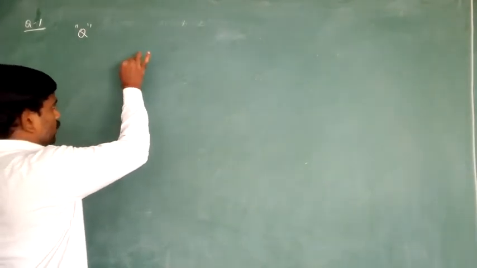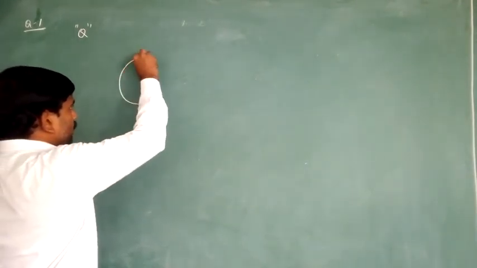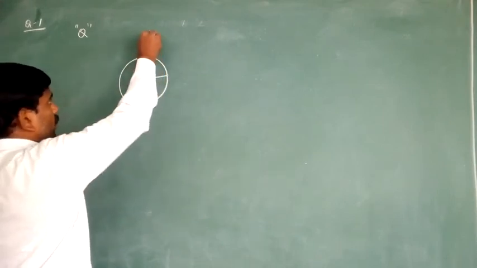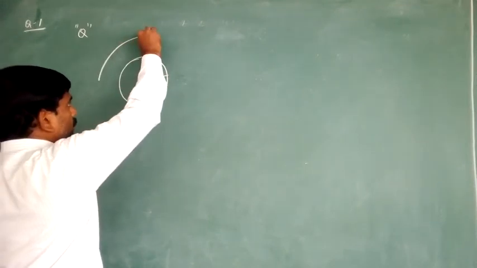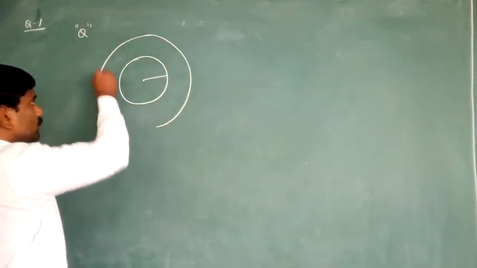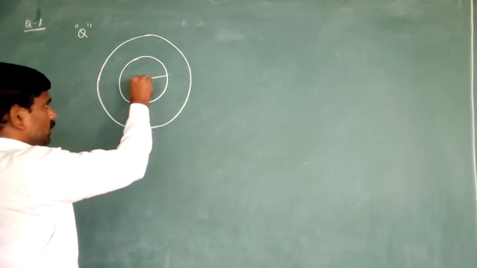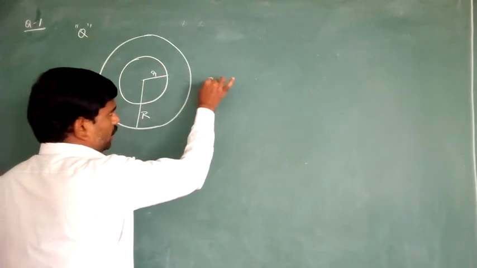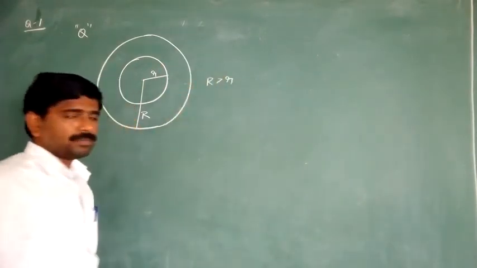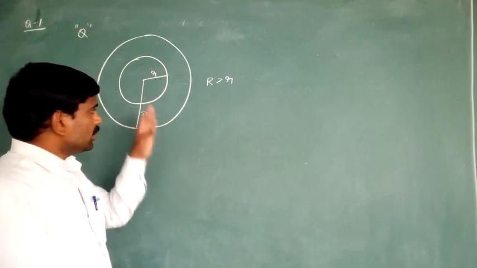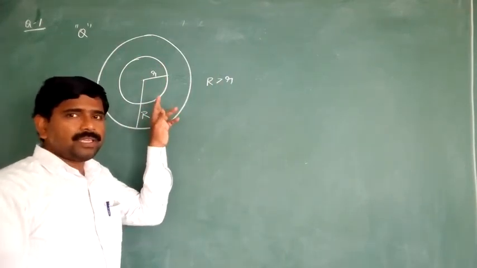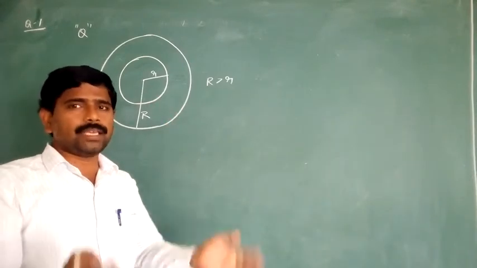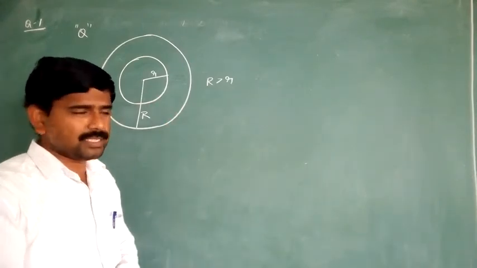The first one has radius small r and the second one has radius capital R. Capital R is more than small r. At the same time, the surface charge densities of these two shells are equal.